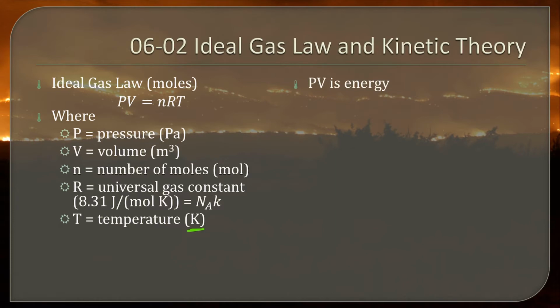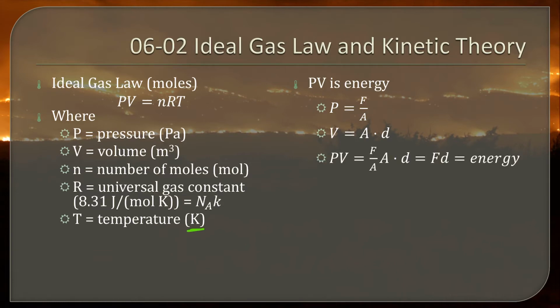All right, we discovered in fluids that PV is energy. Just to review that, P is force over area, and volume is area times distance. It's the area of the base times the height. So the A's cancel, and you just have PV equals force times distance.